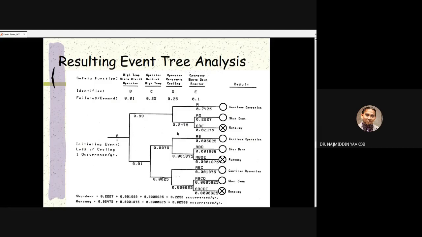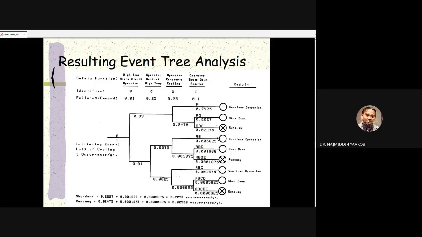Then you go straight. For example, operator notices high temperature. Of course, when it is a success, the operator also notices the high temperature. So you don't need to have a failure or a success over this second step, the second safety function. So you go straight and you go for the third safety function, which is operator restart cooling.